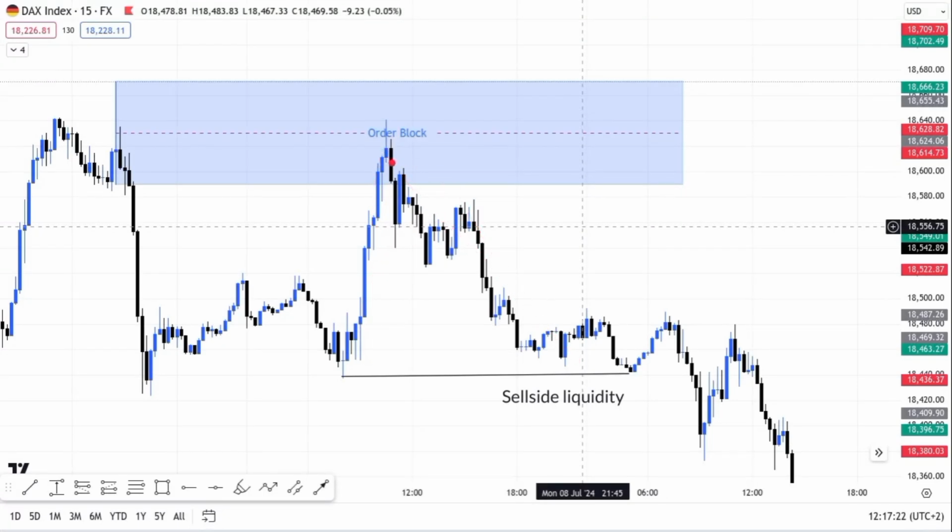This candlestick over here will also become an order block because we have a huge push to the downside. So we can consider this an order block, but this one will be a stronger order block because price was pushed down immediately. This one is an order block too, but we will refer to the other as the stronger order block, right? So let's continue.